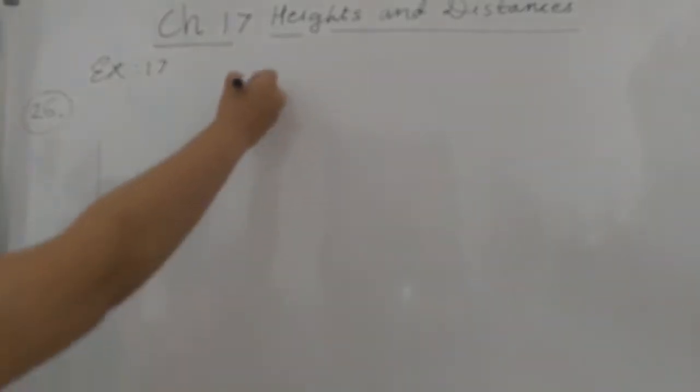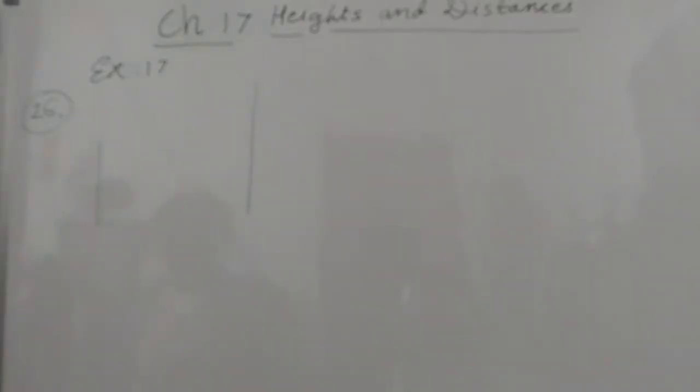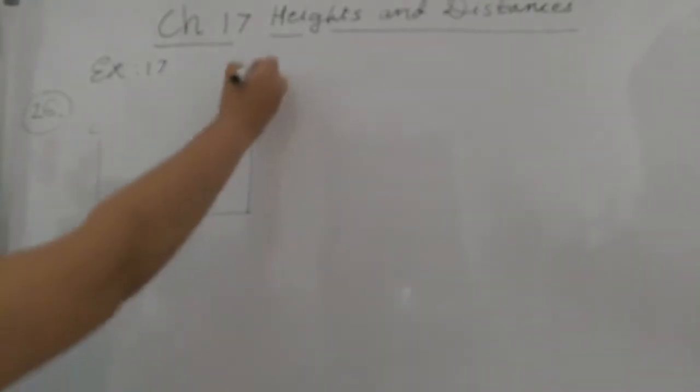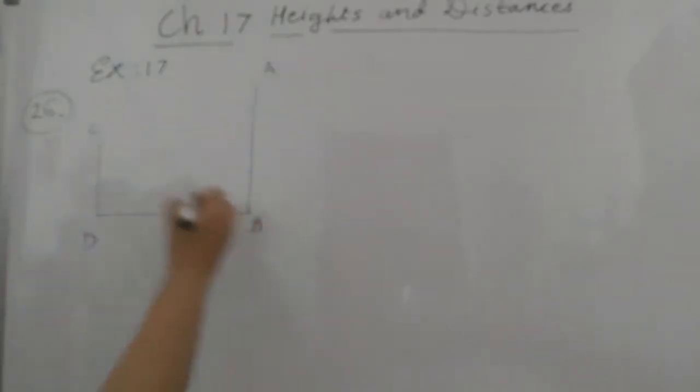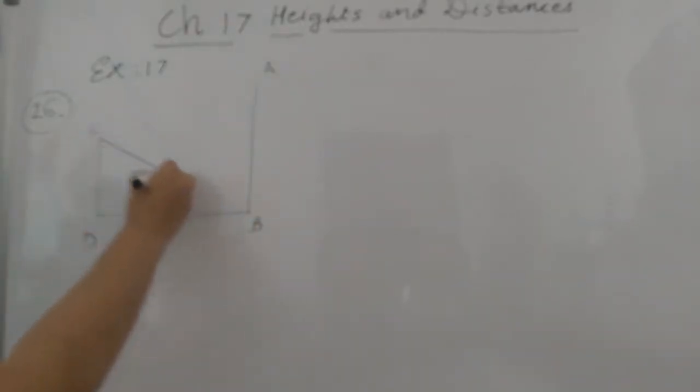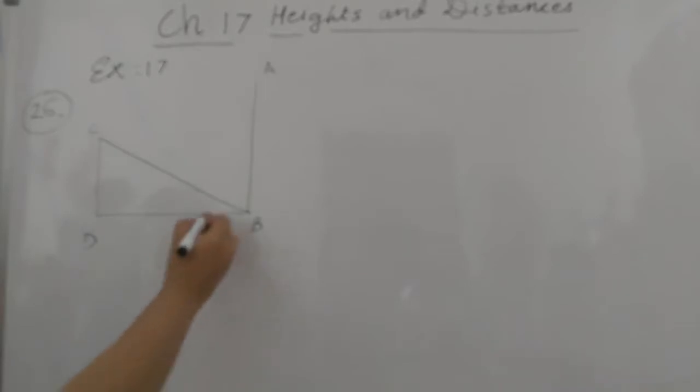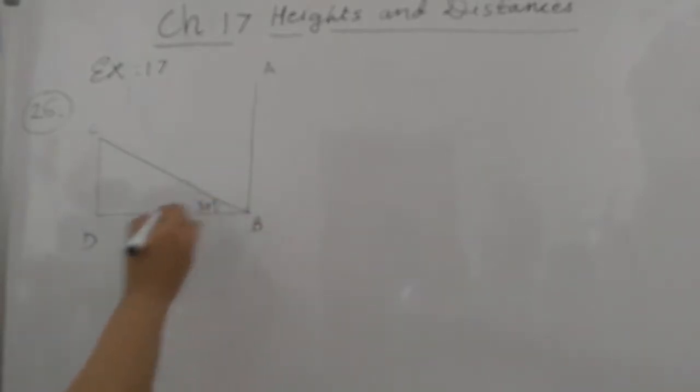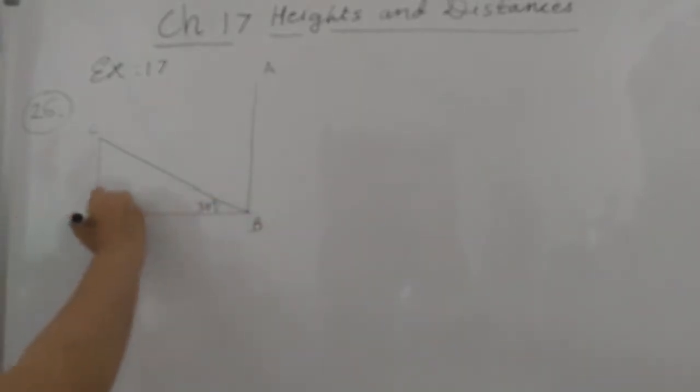So first line, it is given, this is the tower and this is given as hill. Now CD, and this is the horizontal line we have drawn. This is AB, okay, and here from this point the angle of elevation is 30 degree and from the other point the angle of elevation is 60 degree.